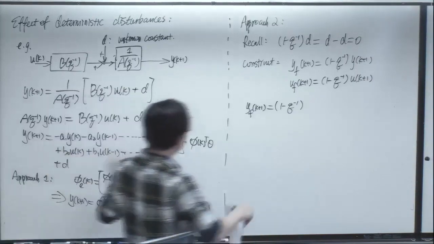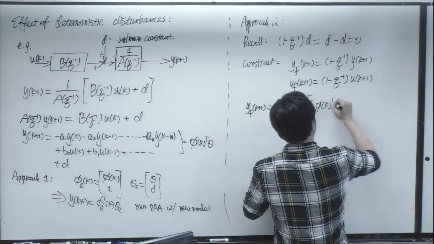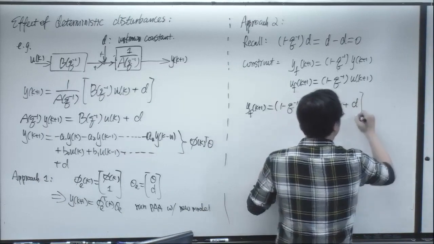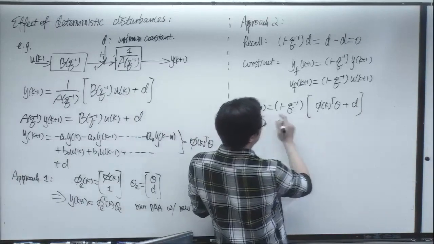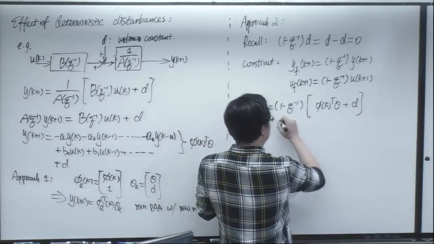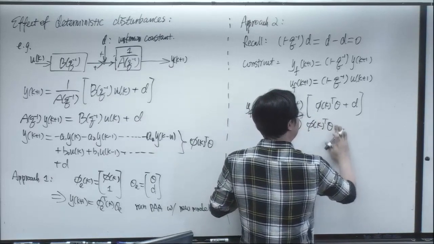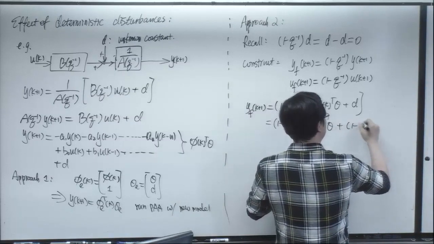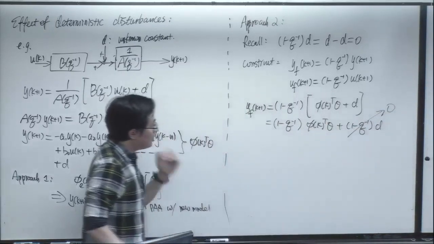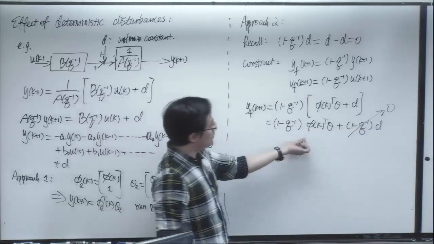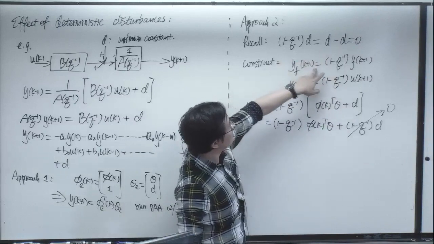So it's going to be equal to phi theta plus d, and it equals a term without the constant disturbance because of the low-pass filtering happening in here.